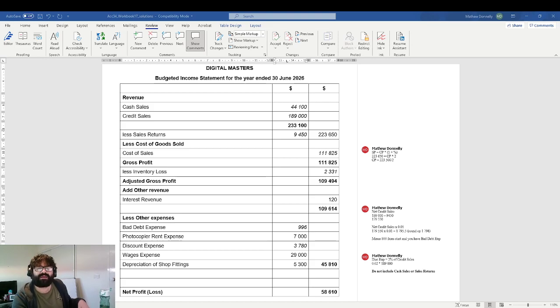Advertising is an expense we need to add in. So we go plus 3,000, which gives us 49,076. And then 190,614 minus 49,076 becomes 60,538.